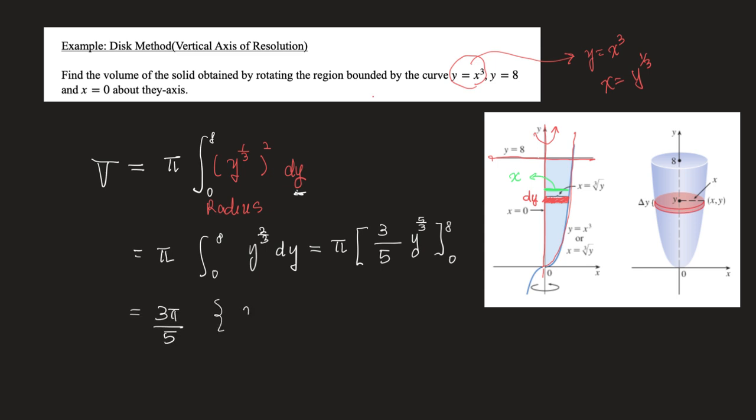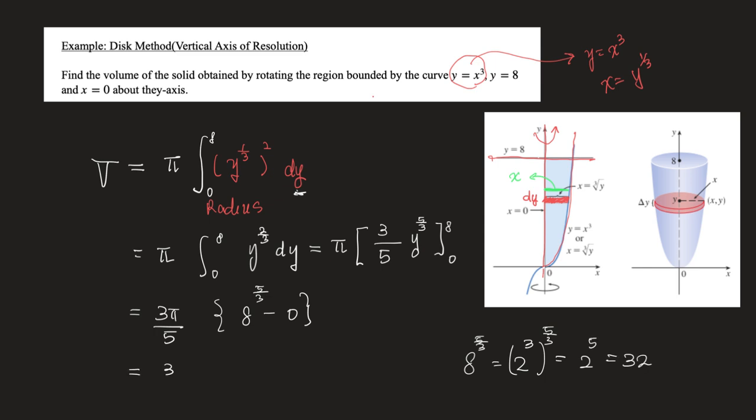You plug in the 8 to the 5 over 3, minus 0. So 8 is 2 cubed, raised to the 5 over 3, then that's 2 to the 5th, which is 32.